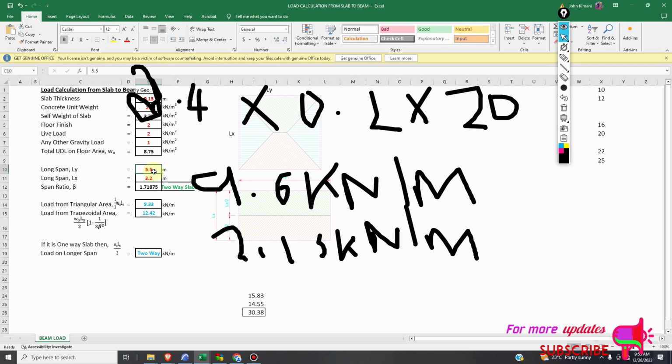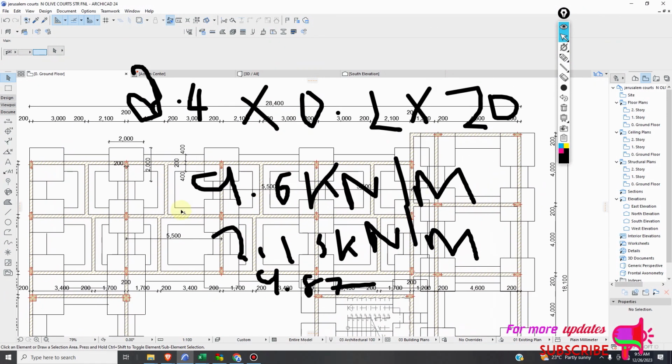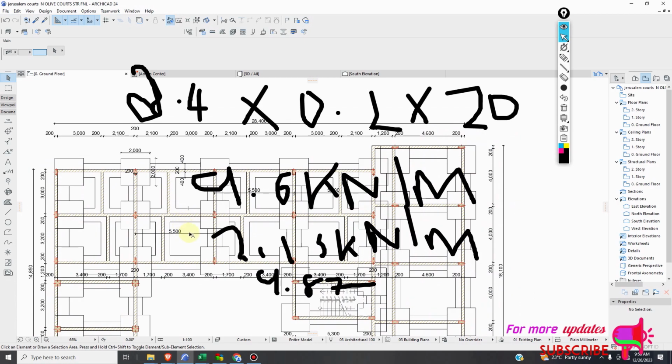So 3.4 and then 3.2. To find that is 9.87. So we're going to write it somewhere. 9.87. Again plus the load on the other side will be 3 and then 3, right?